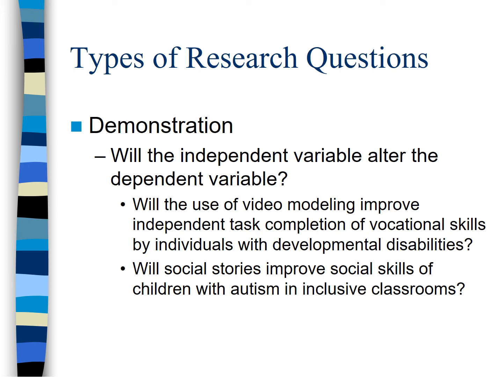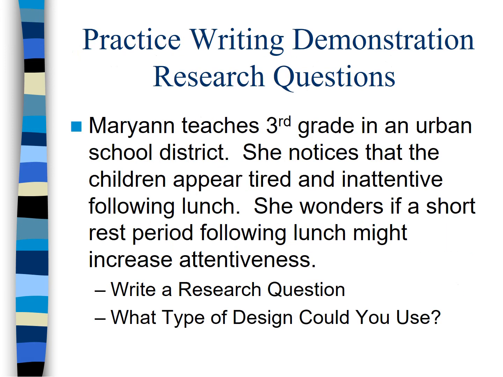So with the demonstration question, for this week, I want you to participate in a discussion board. For each type of question, I've got a little scenario here, and I want you to work on phrasing this into a type of research question.